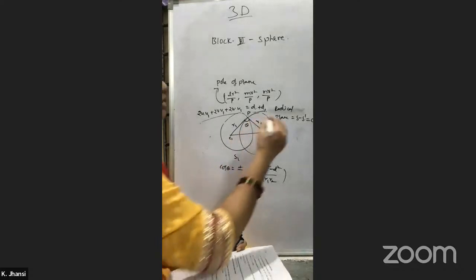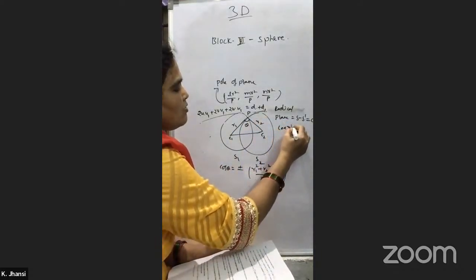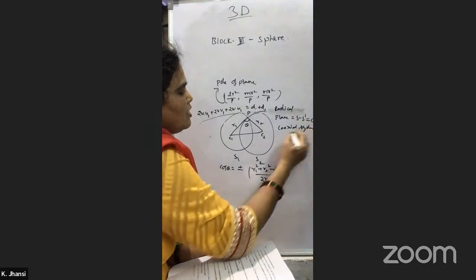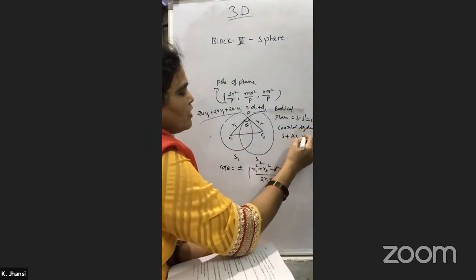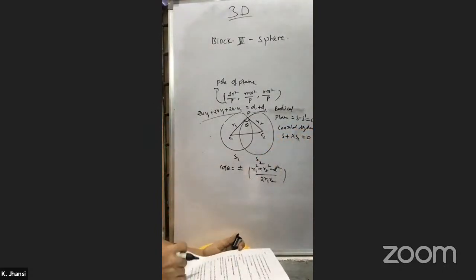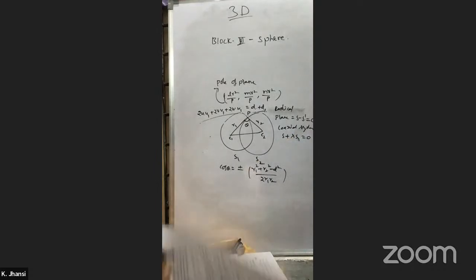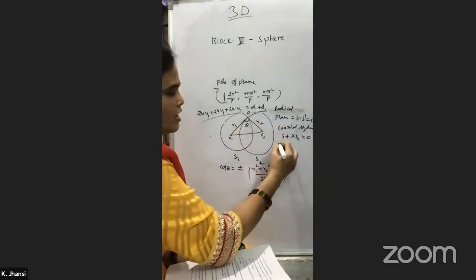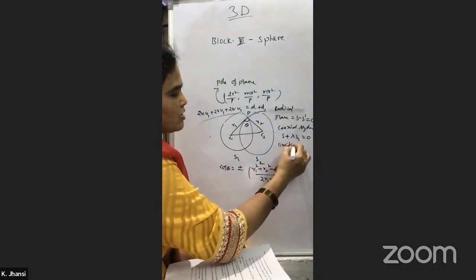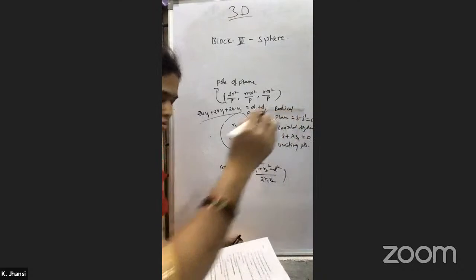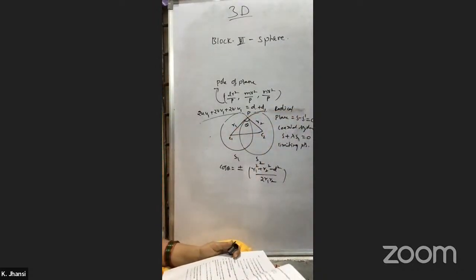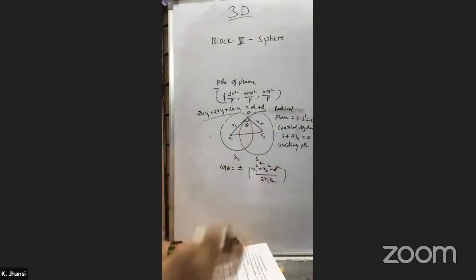Coaxial system means S plus lambda into S1 equals 0. If you combine two spheres with lambda, then that is called a coaxial system. Also the topic about limiting points is there. From any one of these topics you will get a 10 marks question and a 5 marks question.